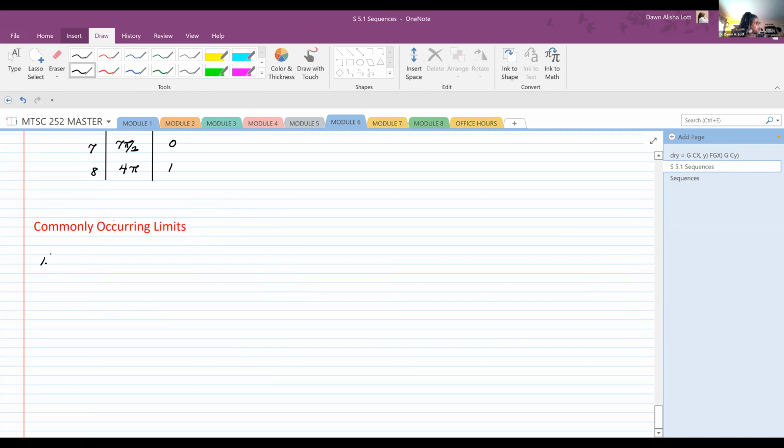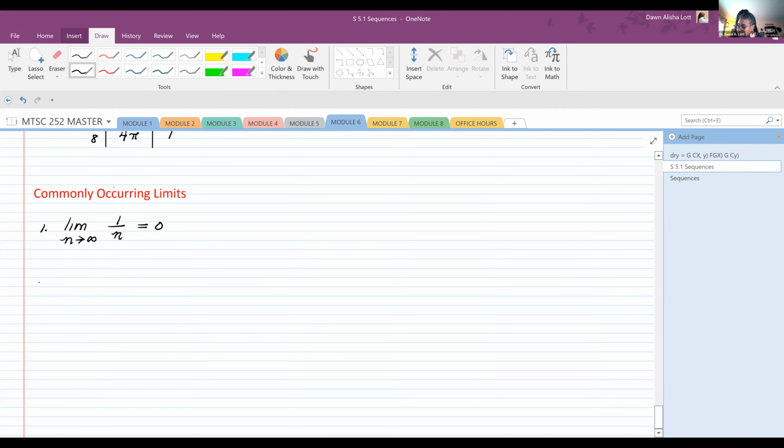We already said this one, but this is very important: the limit as n approaches infinity of 1 over n is 0. Number two, the limit as n approaches infinity of the natural log of n divided by n is also 0.